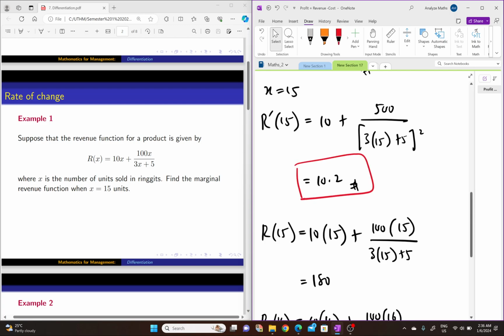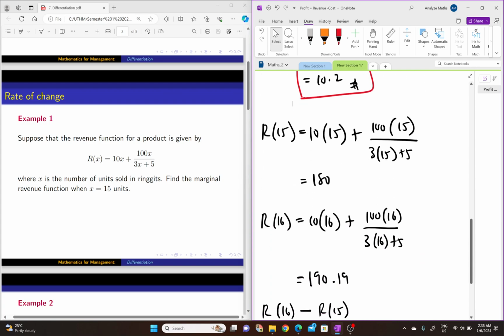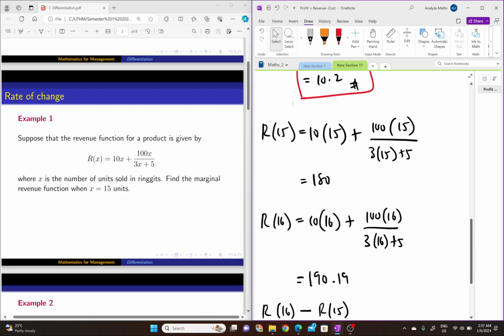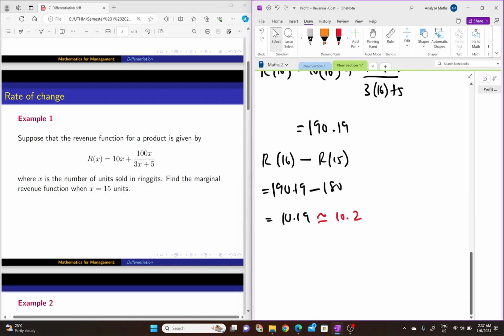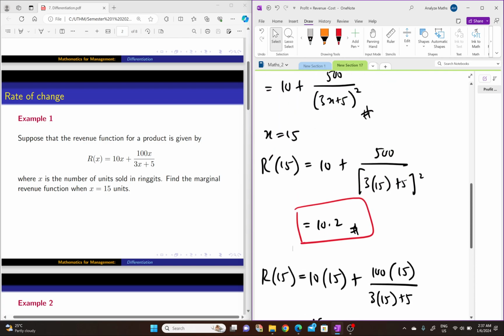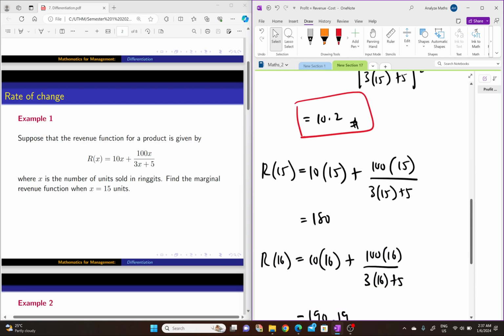So this marginal revenue basically is, let's say they're asking the marginal revenue value at x equal to 15. What is 10.2? It is the difference. How much it is increase or decrease after 15 units. We are talking about revenue. The increment in revenue after 15 units, how much? 10.19. But if you round off, you get 10.2. That is what this marginal revenue is.